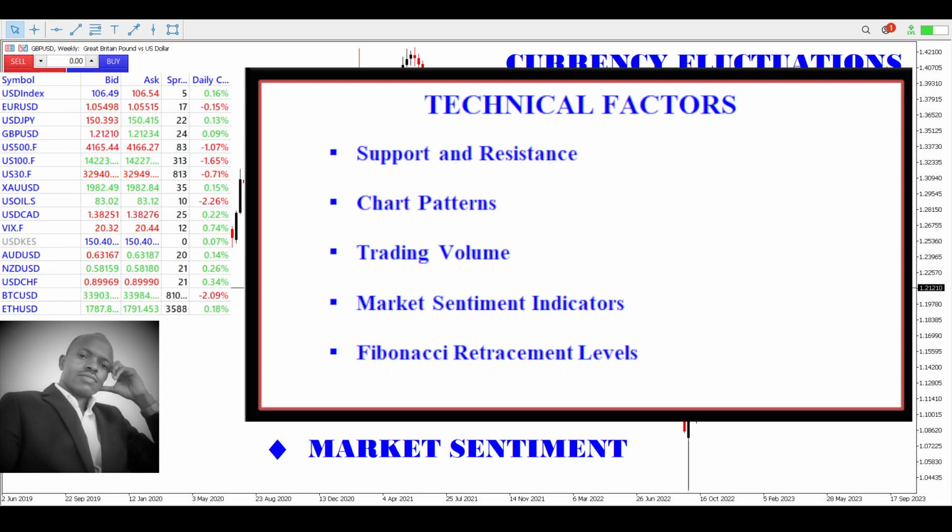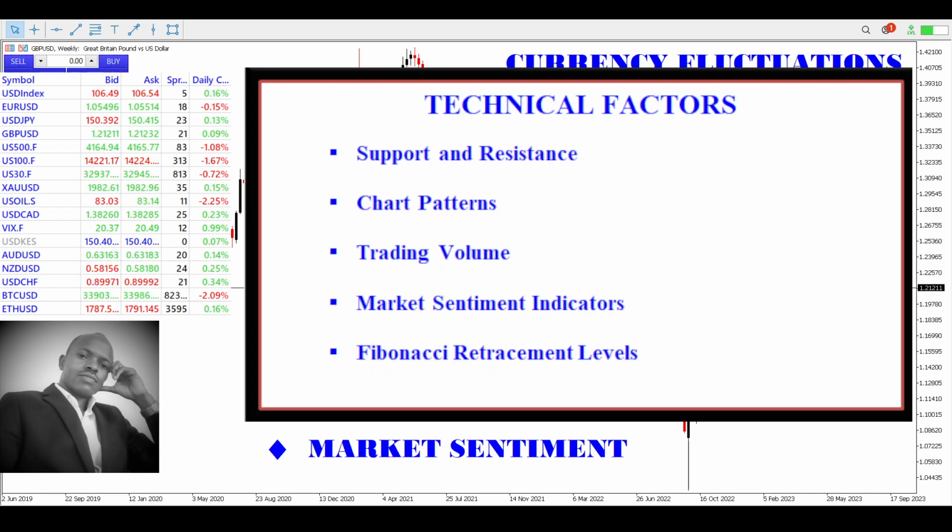So the next technical factor is chart patterns. Traders can use chart patterns like head and shoulders, double tops and bottoms, and triangles to make predictions about future price movements.